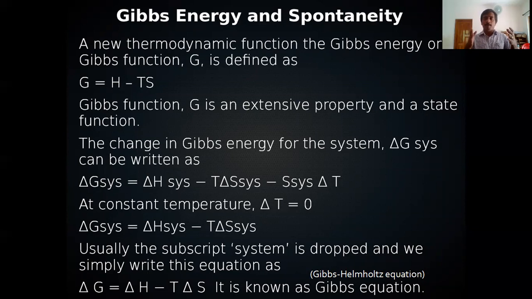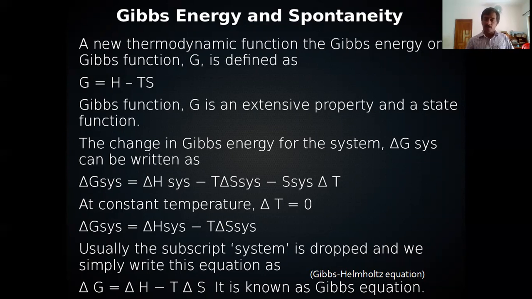So in order to specify a spontaneous process, we have to consider these two separately. If we get these two factors in a single property, that will help to explain it very easily. And Gibbs energy or Gibbs free energy will help you to describe the spontaneity of a reaction.